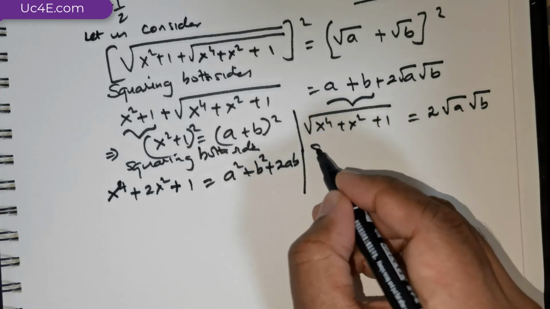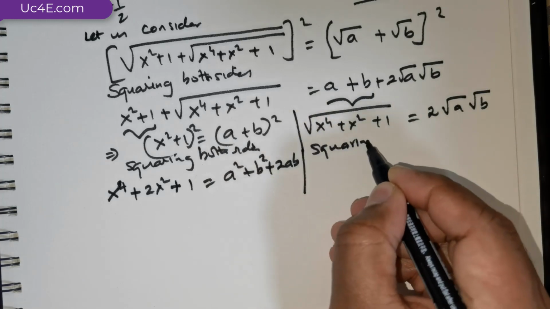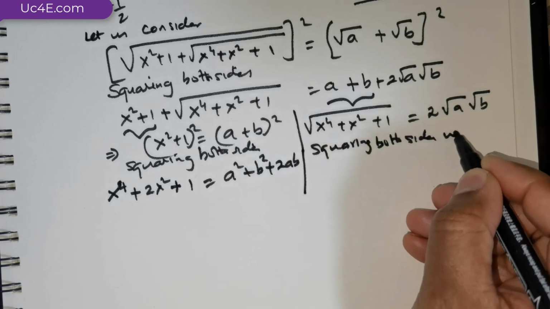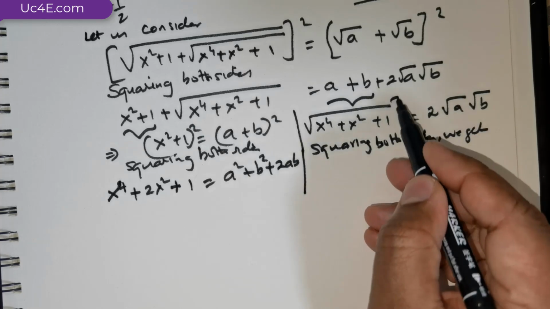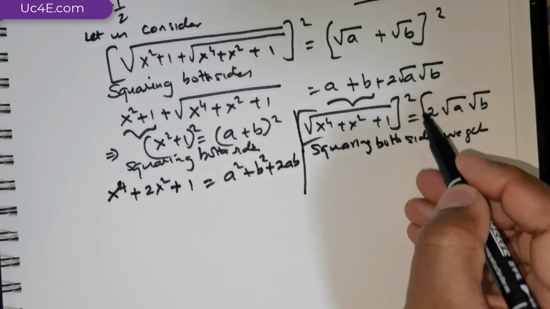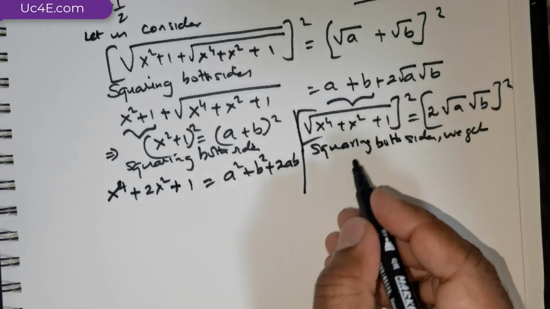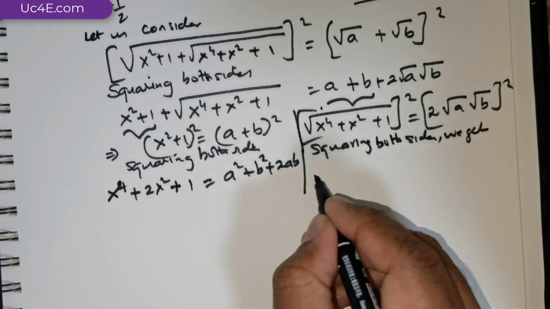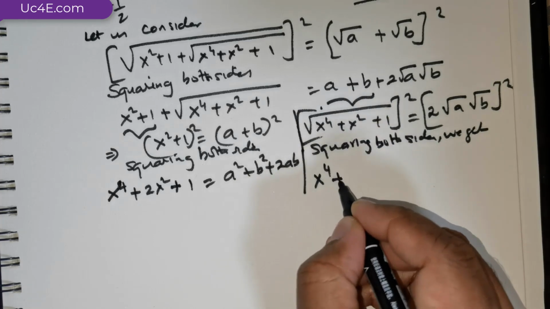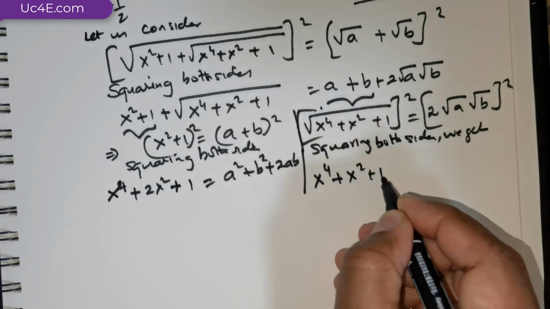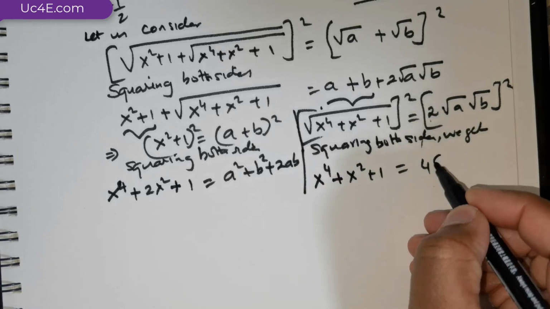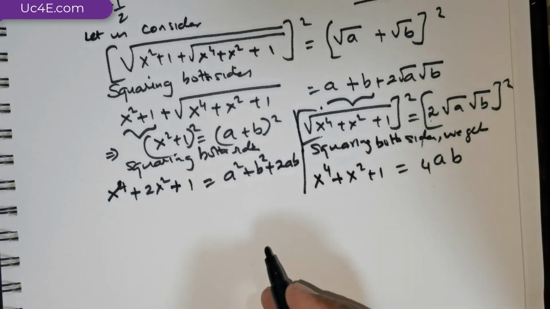Now squaring both sides over here, the square root and the square get neutralized, giving me x to the power of 4 plus x squared plus 1 is equal to 4 times a times b.